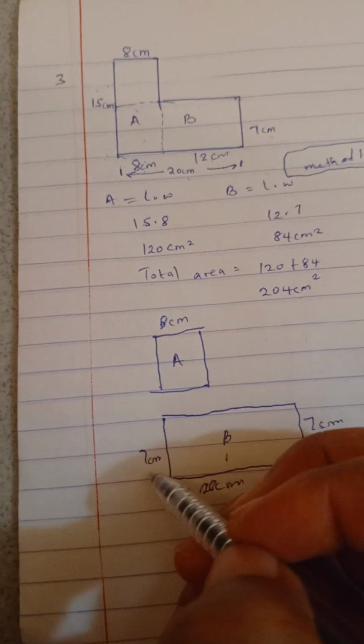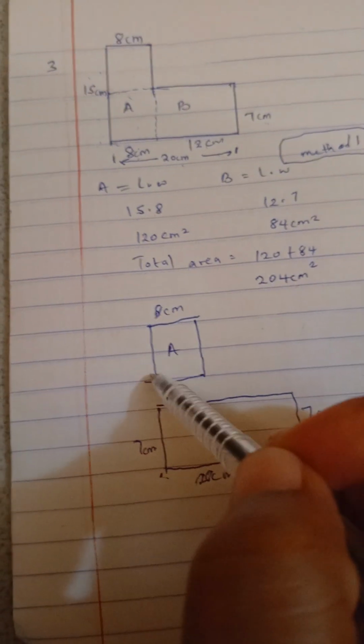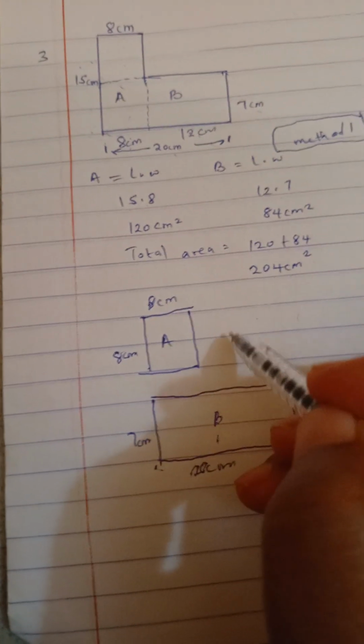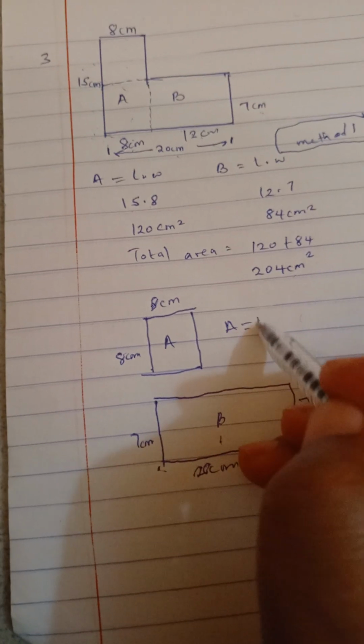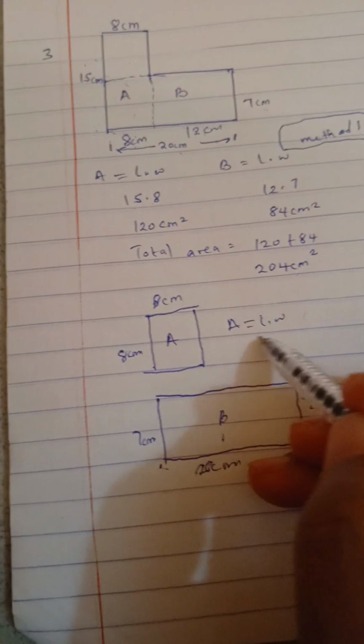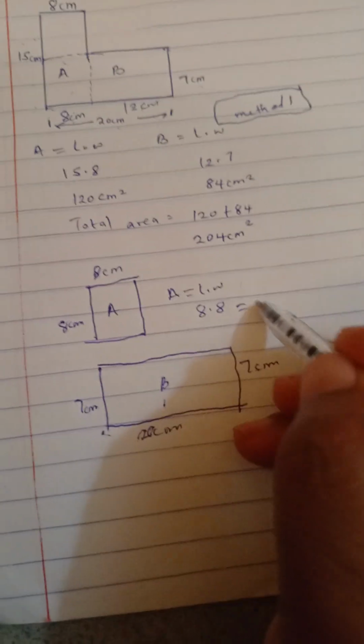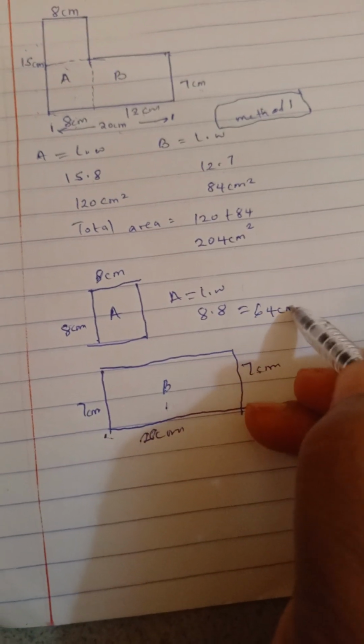Now we take away 7 from 15, so this other side will be 8 centimeter. So let's get the area for this. The area is length times width, which is 8 times 8, and that will give us 64 centimeter square.